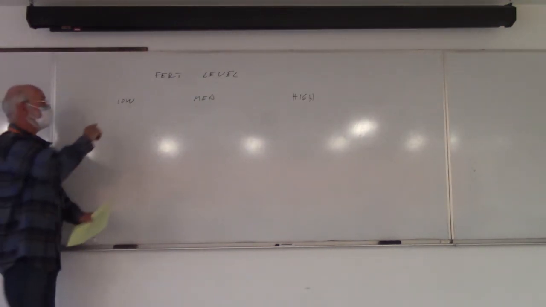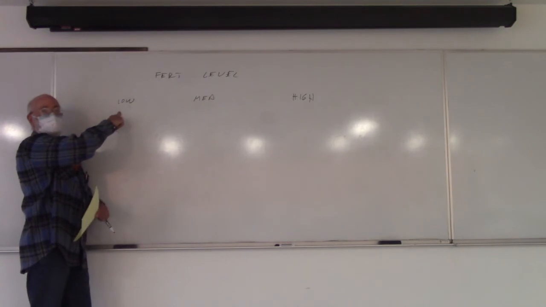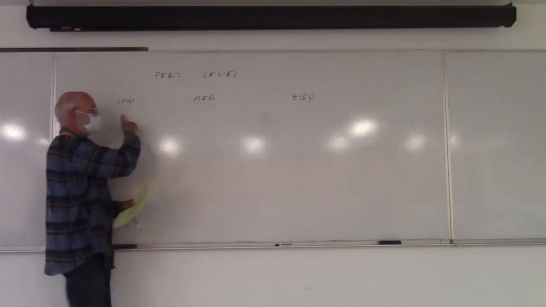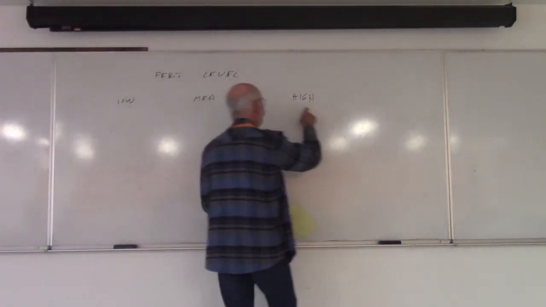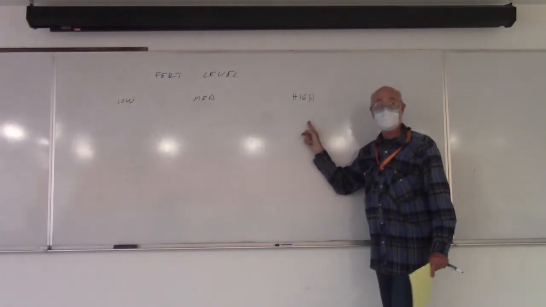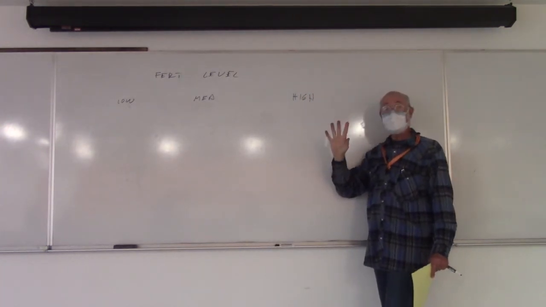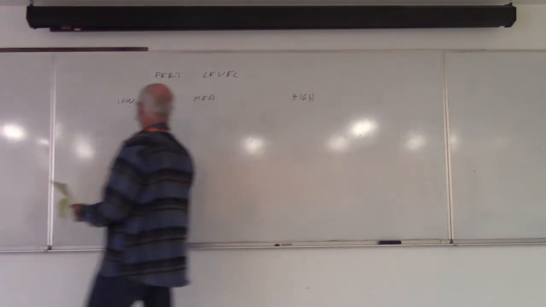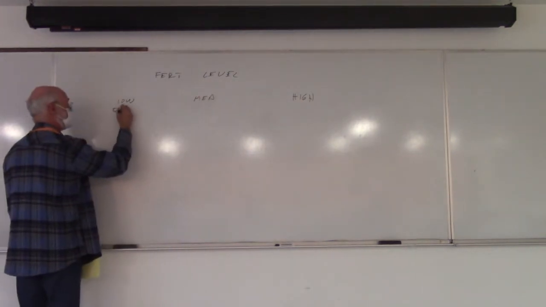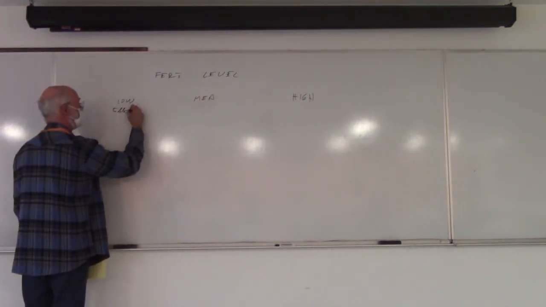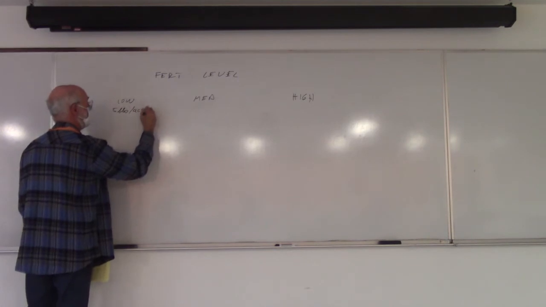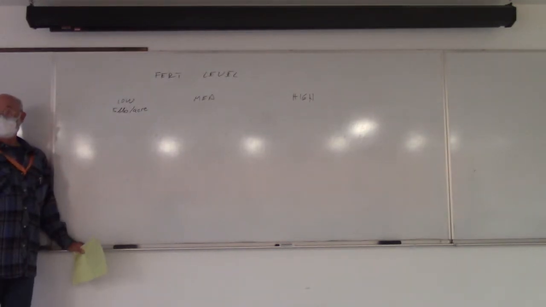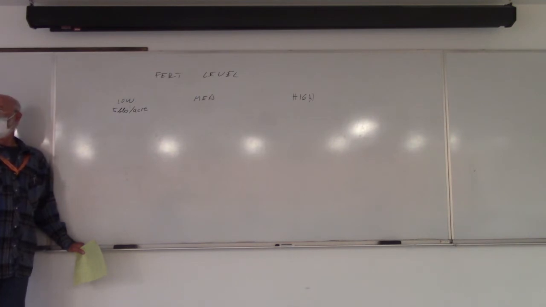I'm not saying 5 pounds per acre, 10 pounds per acre, 15 pounds per acre. That's not what I mean. If my low is 5 pounds per acre, I mean 5 pounds per acre, not 5.1 or 5.5 or 4.9. I mean exactly 5.